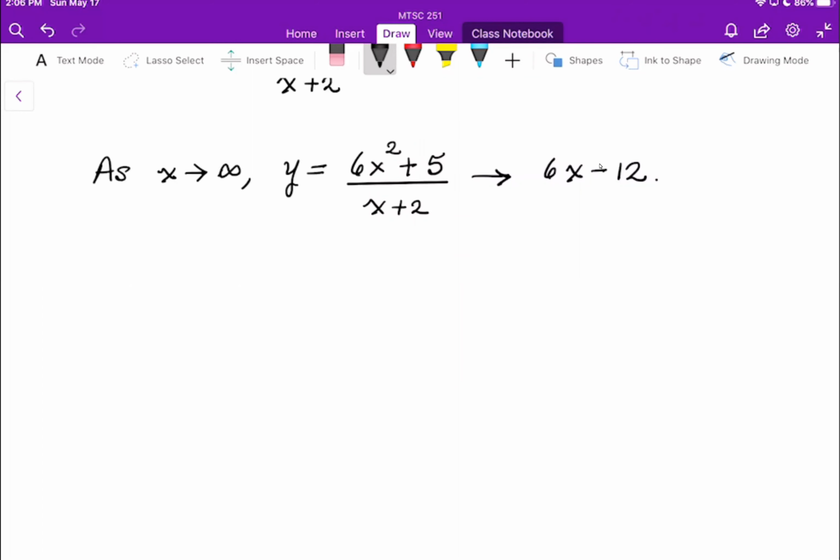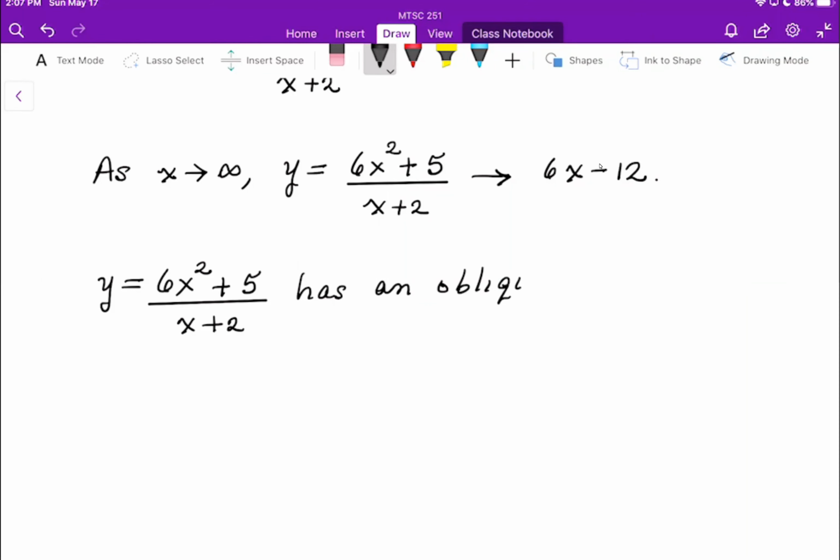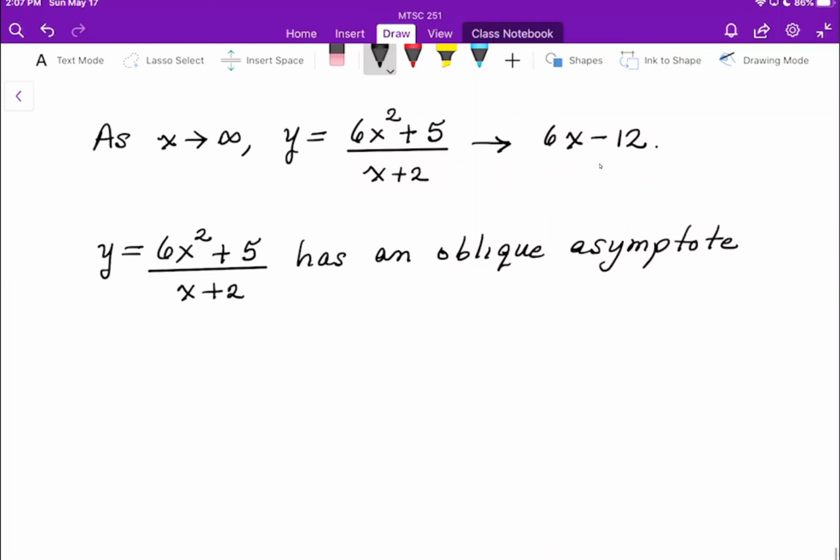Therefore, y equal to 6x squared plus 5 divided by x plus 2 has an oblique asymptote called y is equal to 6x minus 12.